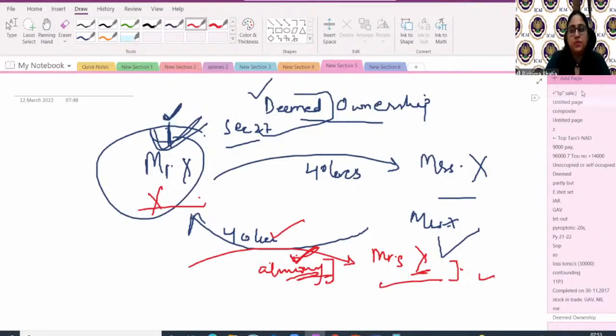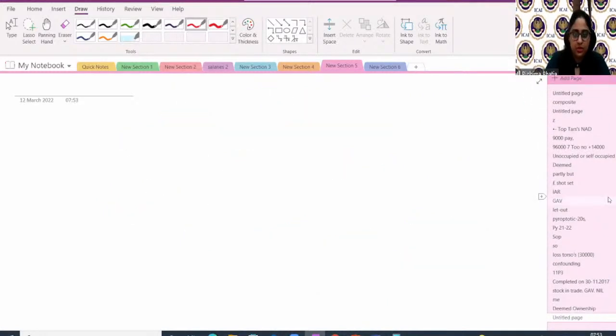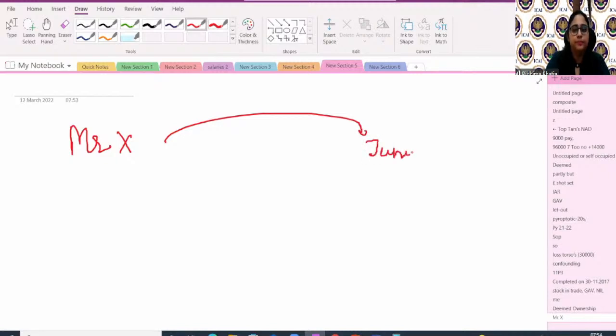Similarly, if he transfers the property to a minor child, Mr. X transferred the property to Junior X without any adequate consideration, in that case also Mr. X would be the deemed owner. But one exception is there.